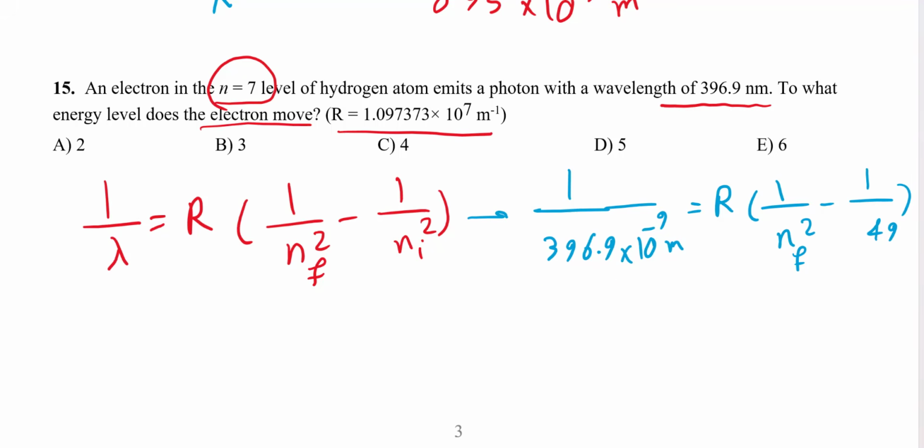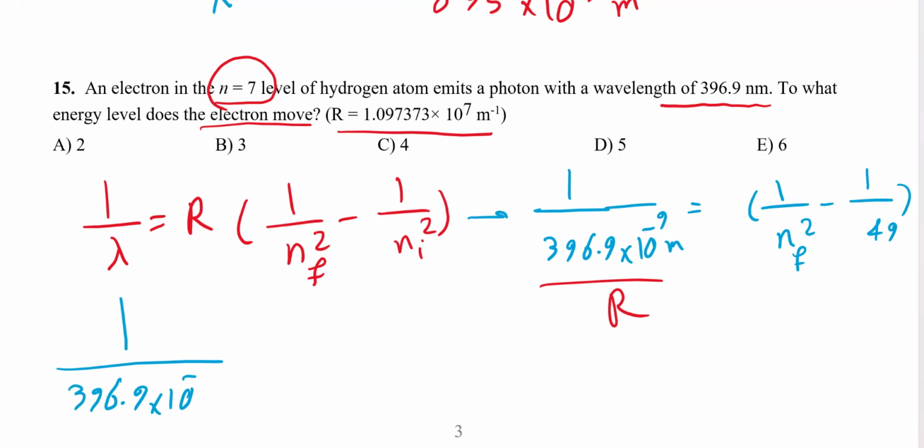If I divide both sides by R, then these R's cancel out. And we can rewrite the equation in this form: 1 over 396.9 times 10 to the negative 9 times R is equal to 1 over nf squared minus 1 divided by 49.